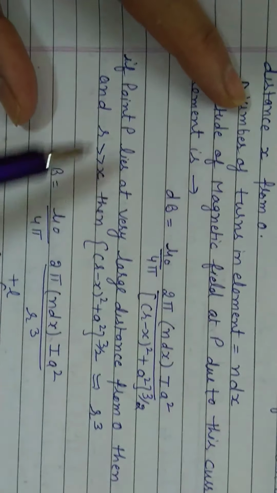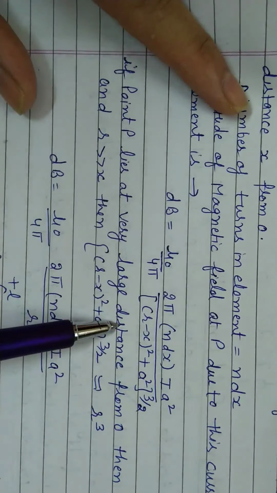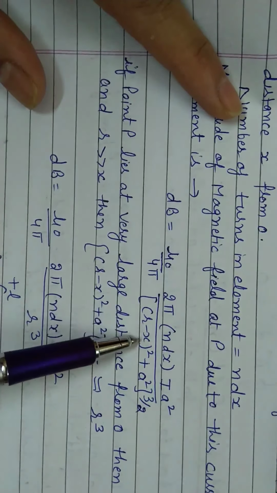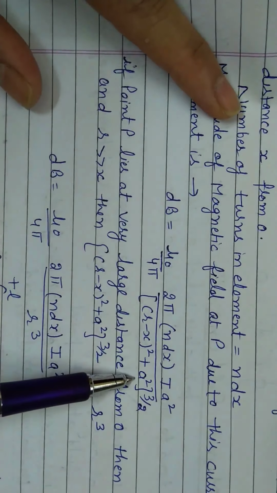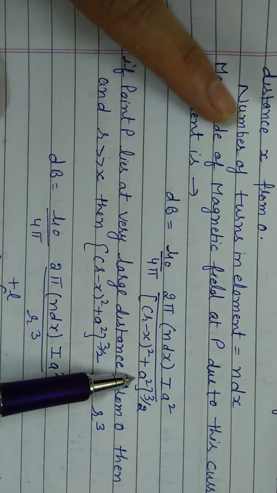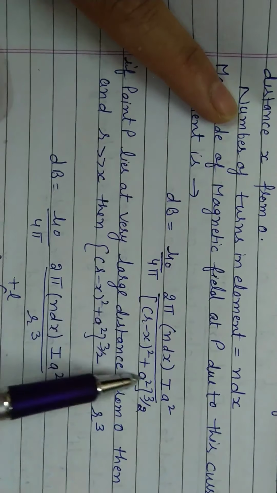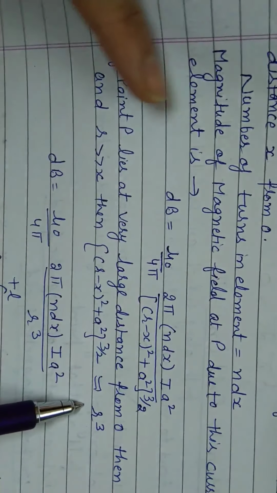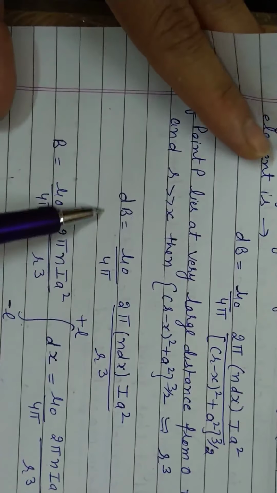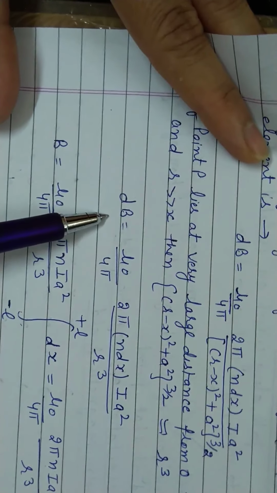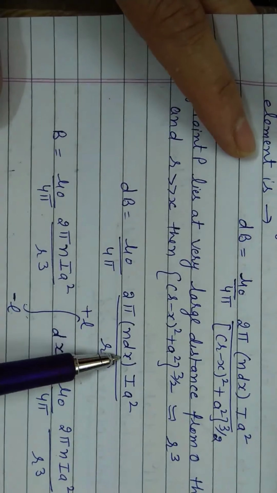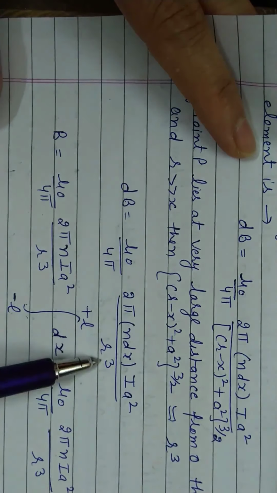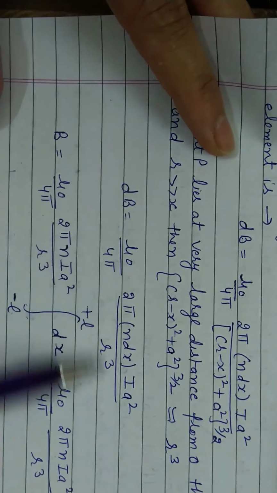But we consider the point P to be at a very large distance, so r is very large compared to x, and r is very large compared to the radius of the solenoid. So this term is approximated as r cube. What we get here is dB equals mu naught upon 4 pi, 2 pi n dx I a square upon r cube.